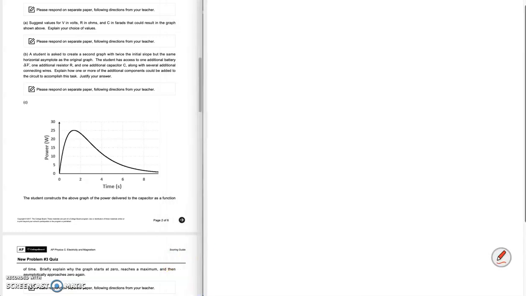So for part C, power being delivered to a capacitor, I would use P equals IV because we don't care about the resistor. What we care about is the capacitor. And the equations for a capacitor is for I, that's going to be I naught e to the minus t over RC.